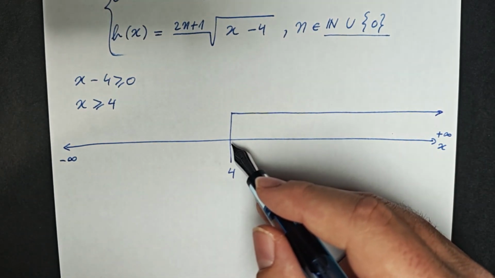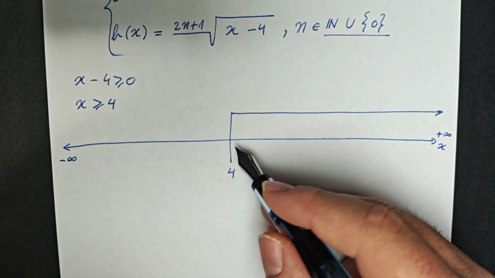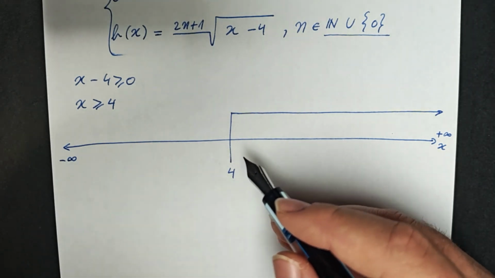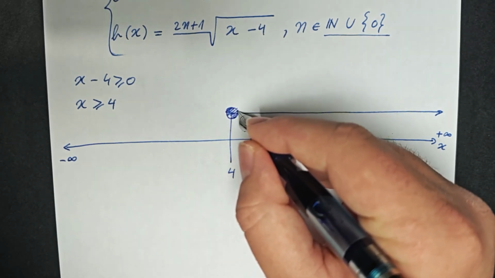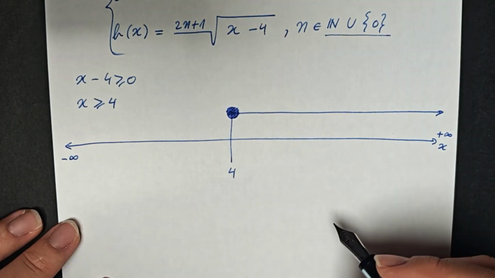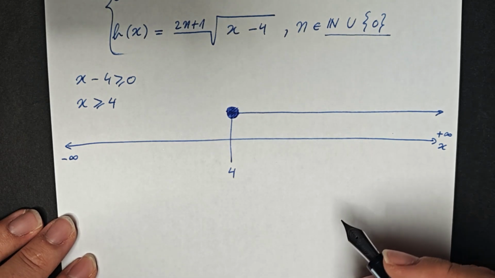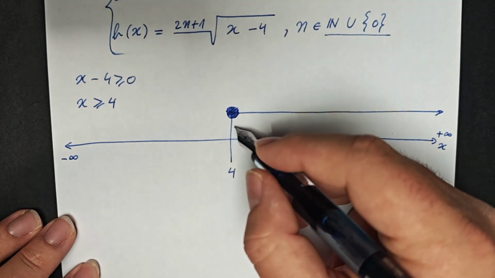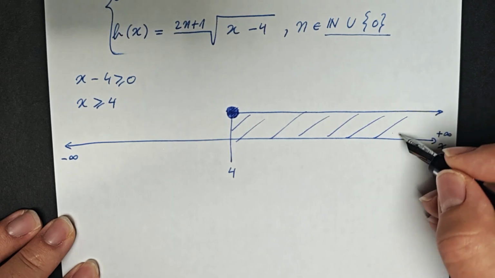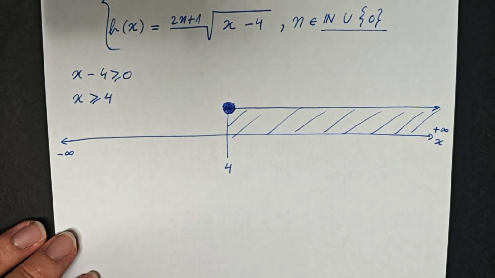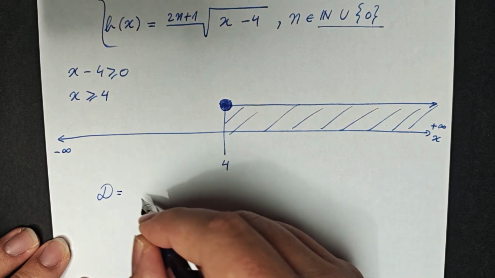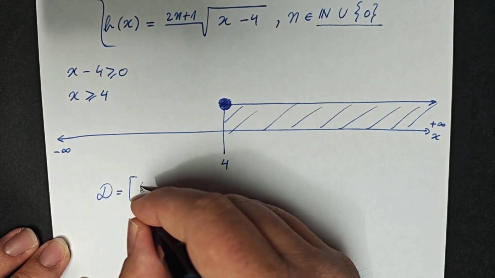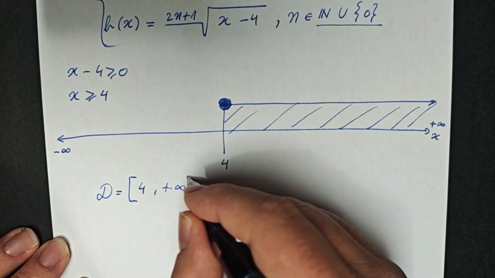As you can see, number 4 is included in our interval, and we are going to denote that with a closed circle, the circle which is filled. And we are interested in the numbers equal to 4 or larger than it, which will give us this section here. The domain is then the set V, which is an interval from number 4 to positive infinity.